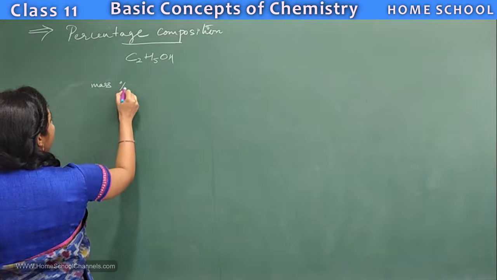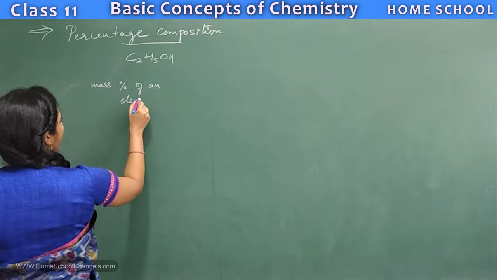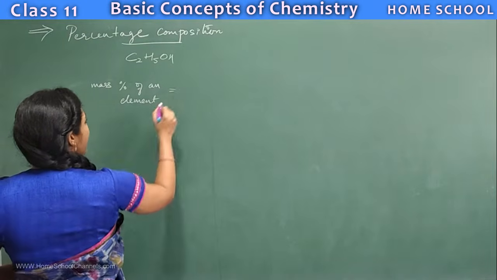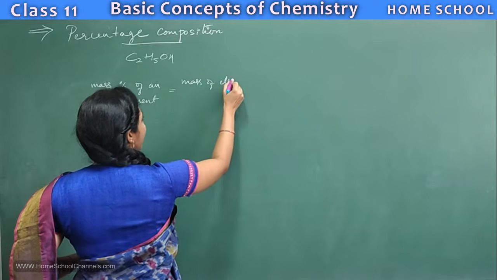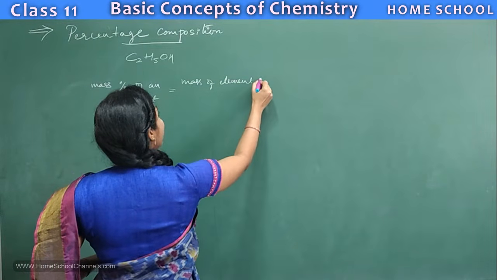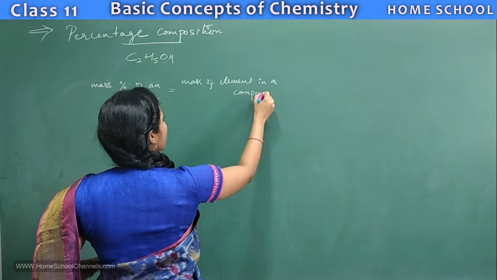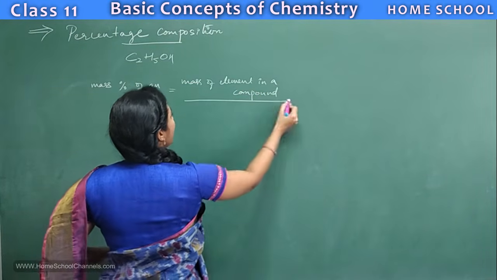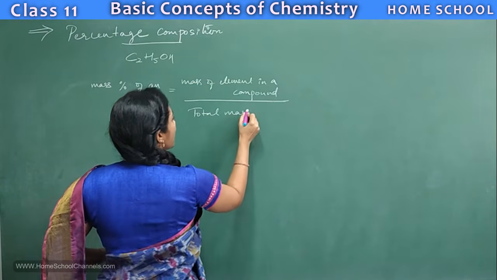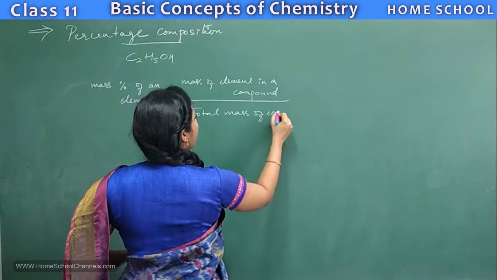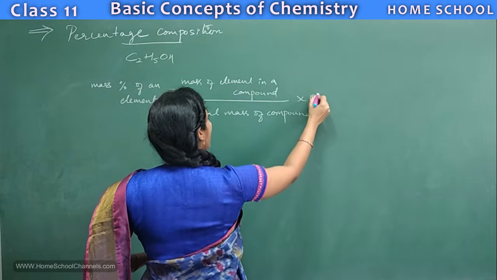Okay, mass percent of an element or atom is equal to the mass of the element in a molecule or in a compound divided by the total mass of the compound into 100.